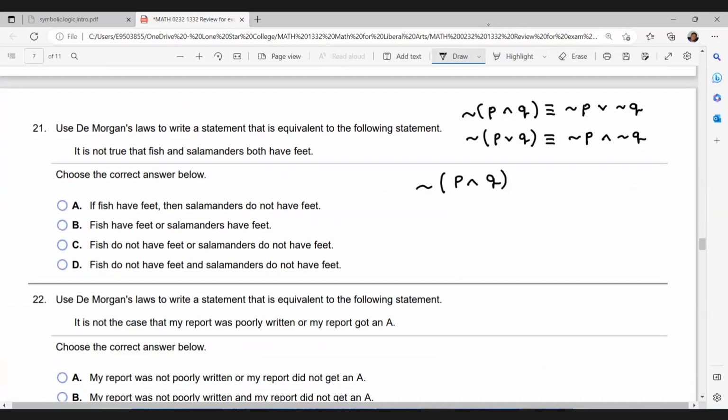I want to write something like this: fish do not have feet, or salamanders do not have feet. So this will be the right answer here, because this and becomes an or. This was a good giveaway here.